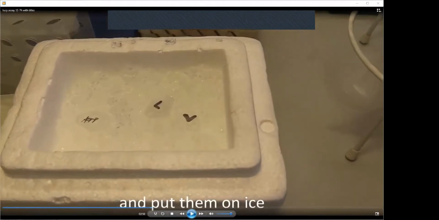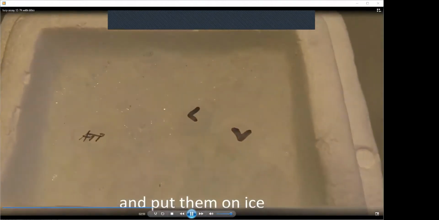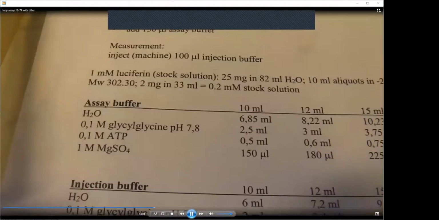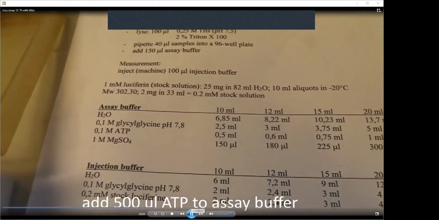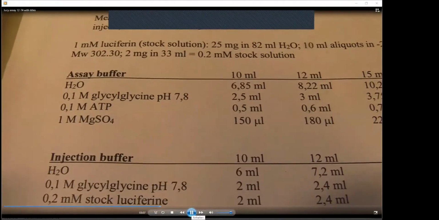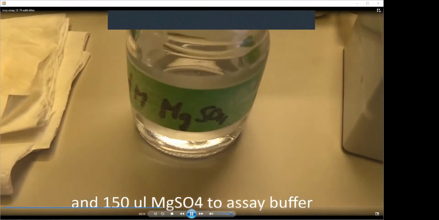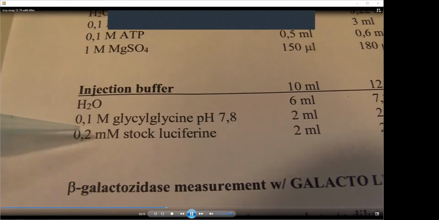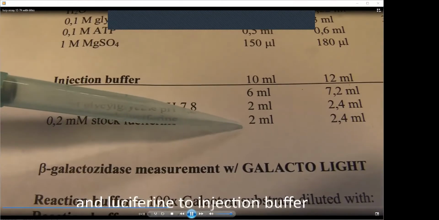Afterwards, you put them on ice to avoid degradation. Then ATP is added to the assay buffer. Magnesium sulfate is also added to the assay buffer, and to the injection buffer, luciferin.